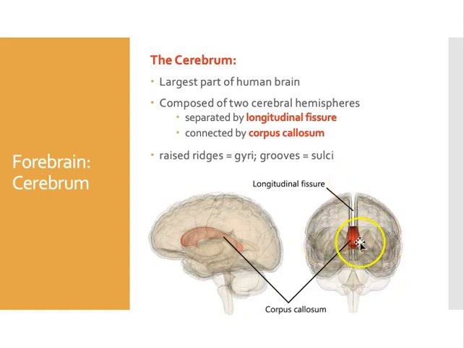But they are connected to each other with a bridge of tissue called the corpus callosum, and that's shown here in red. Remember, the cerebral hemispheres are covered in gyri and sulci. The raised ridges are the gyri, and the grooves between those ridges are the sulci.